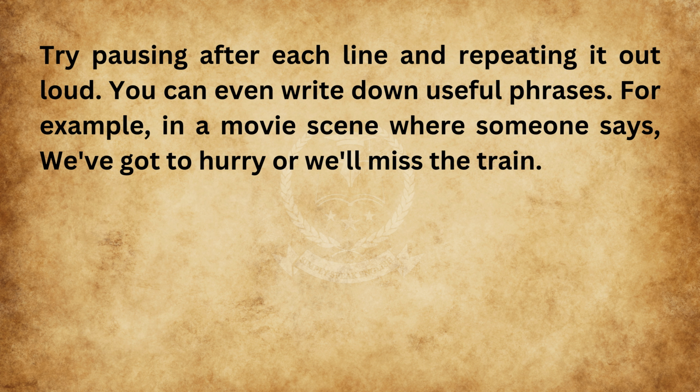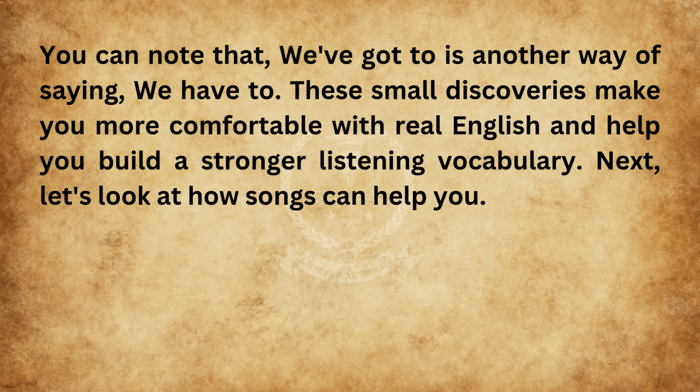You can even write down useful phrases. For example, in a movie scene where someone says, "We've got to hurry," or "We'll miss the train." You can note that "we've got to" is another way of saying "we have to." These small discoveries make you more comfortable with real English and help you build a stronger listening vocabulary.